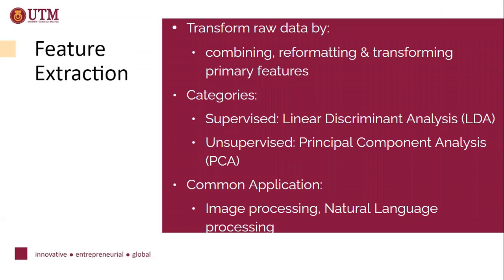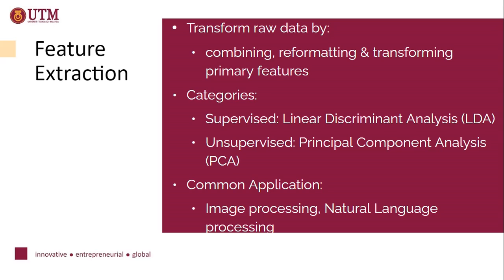As mentioned just now, feature extraction produces a lower dimensional space by transforming the raw data. Combining, reformatting, and transforming the primary features are some of the transformations that can be done on the data. There are two categories in feature extraction. The first one is supervised, where it studies discriminative prediction for data analysis.